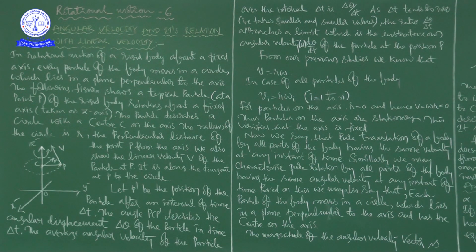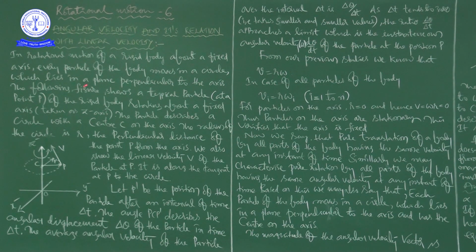It's an important point, if it is possible, you keep it in mind. In rotational motion of a rigid body about a fixed axis, every particle of the body moves in a circle which lies in a plane perpendicular to the axis.